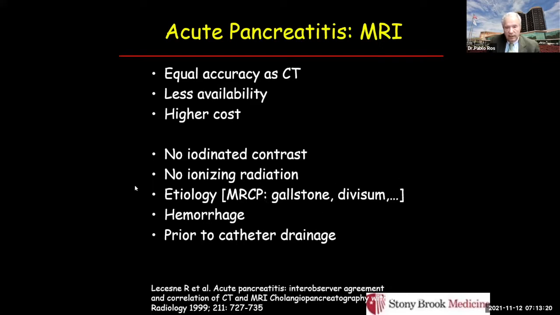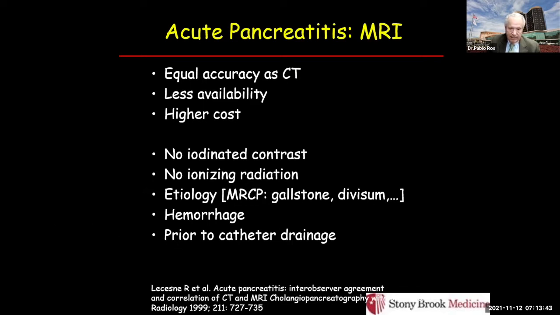Also, MRI is very sensitive in T1 and some in and out phases to detect hemorrhage in peripancreatic collections. And again, hemorrhagic pancreatitis has a different level of concern for the surgeons that are treating patients with severe acute pancreatitis.